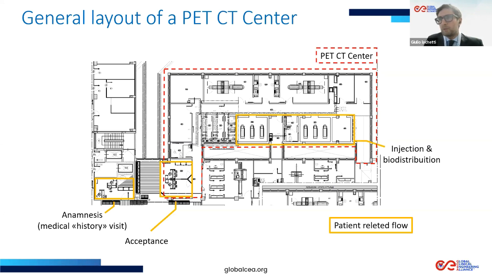Then the patient, after the anamnesis, goes inside the PET-CT center, where they can be injected. And as we already heard, the patient has a phase of biodistribution, in which, in general, the tracer can go inside the dynamic of metabolism of the patient.